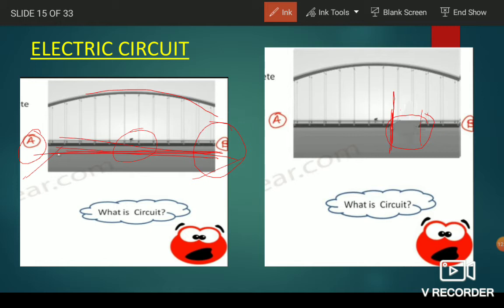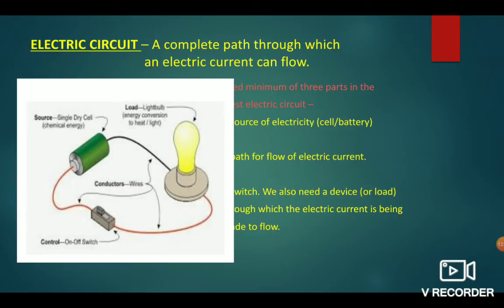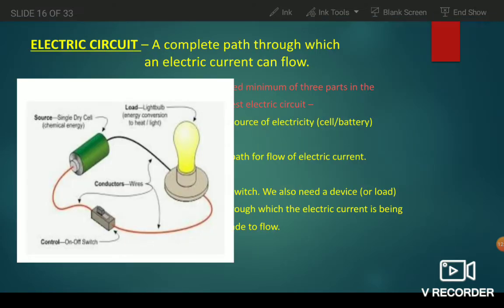And the same thing is true for a circuit also. The circuit is nothing but a path which is needed for the current to flow. So how can we define a circuit? An electric circuit is a complete path through which an electric current can flow.